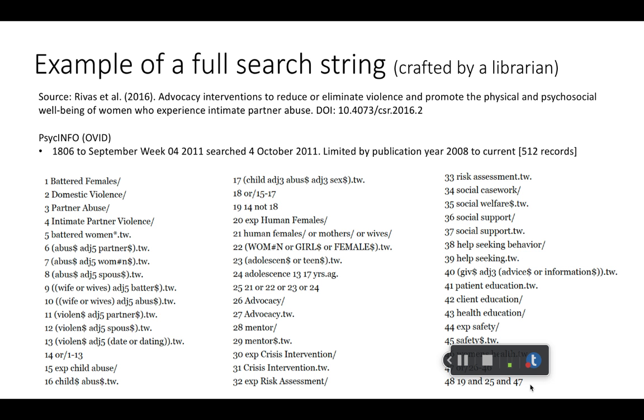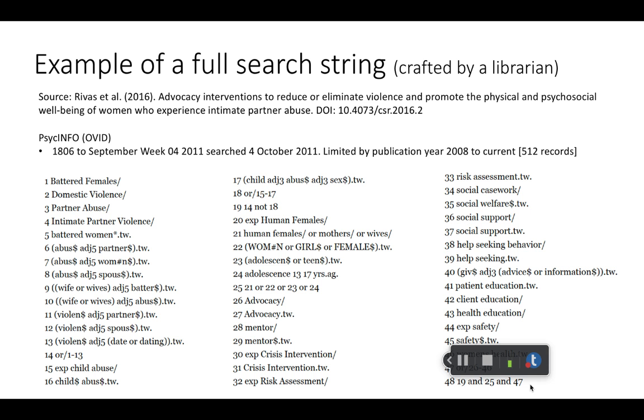So this search string was crafted for PsycInfo using an Ovid platform. It was run in 2011 and included publications from 2008 to 2011. And you can see that the search string actually includes 48 separate lines. These lines are all run together as one long string.